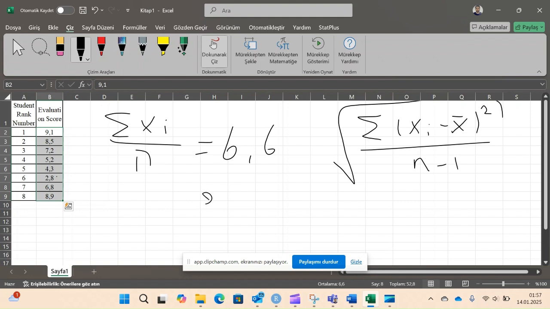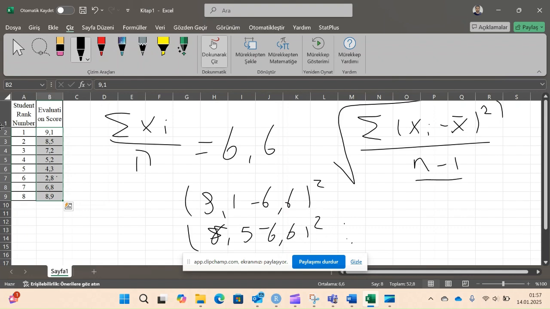So 9.1 minus 6.6 and square it. Then 8.5 minus 6.6, again squared. So do it for all those observations, take the sum, divide by n, the number of observations, minus 1, and take the square root.